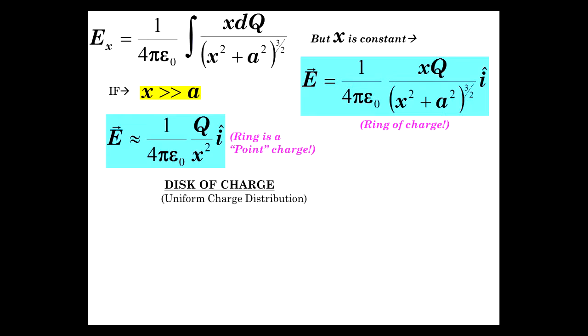Now, we just did the ring, and you're going to see that there is a very close and marvelous connection between a ring and a disk. And by the way, this is uniformly charged. It's a uniform charge distribution on the area of the disk. So here's the disk, and this red ring is exactly that. It's a ring.